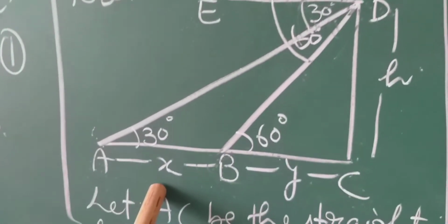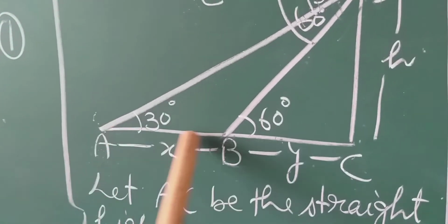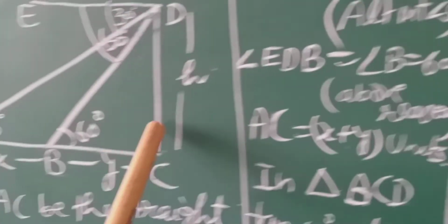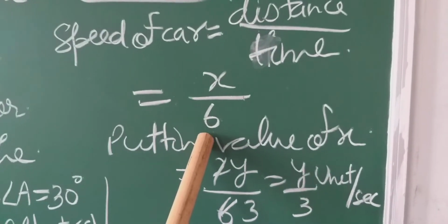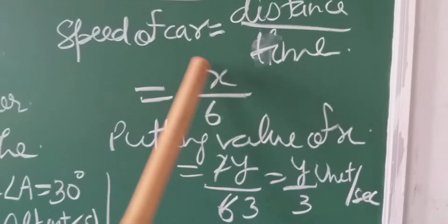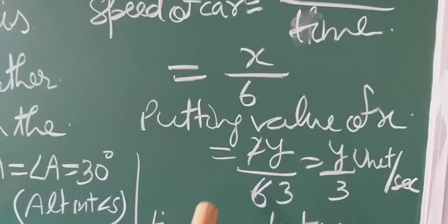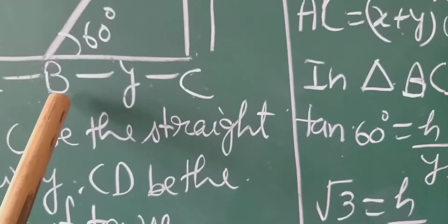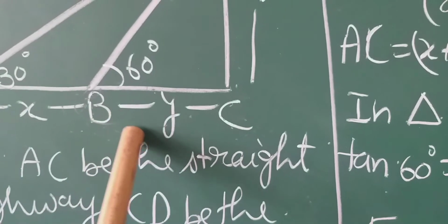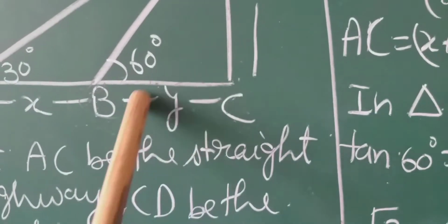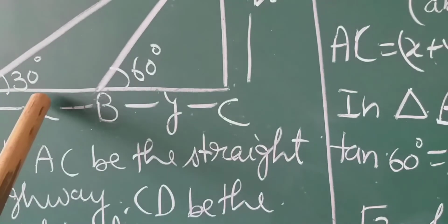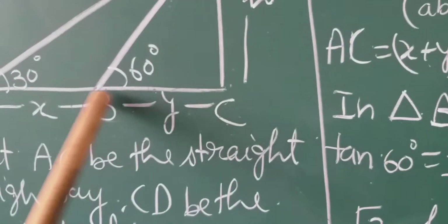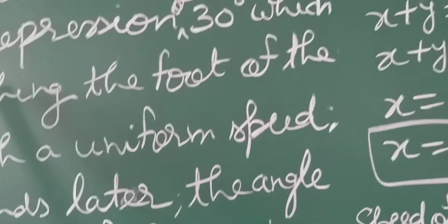Distance covered is x unit and time taken from A to B is 6 seconds. It is given to us. So the speed of the car is x upon 6 units per second. Now, students, the car has to cover the distance y meter, and the speed is the same. It is given as uniform speed.